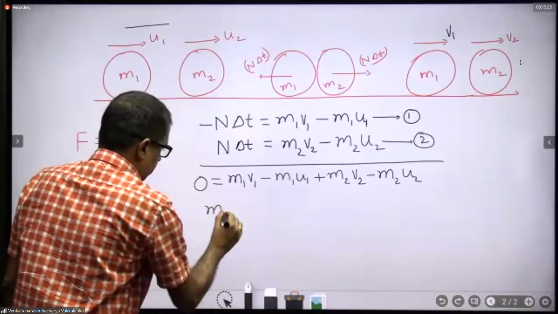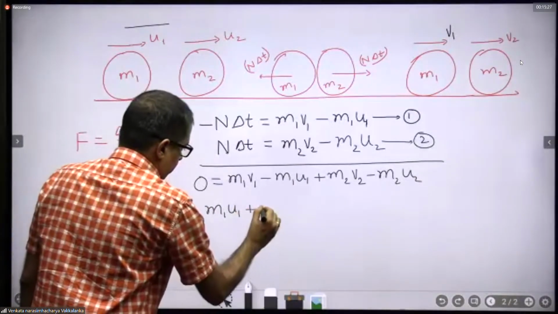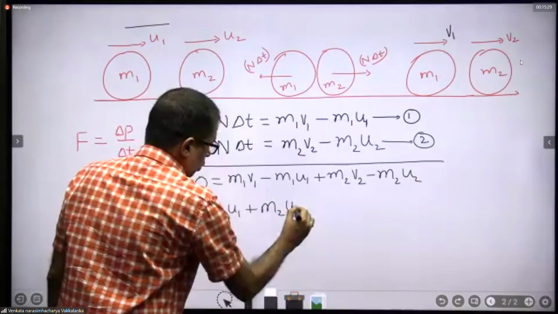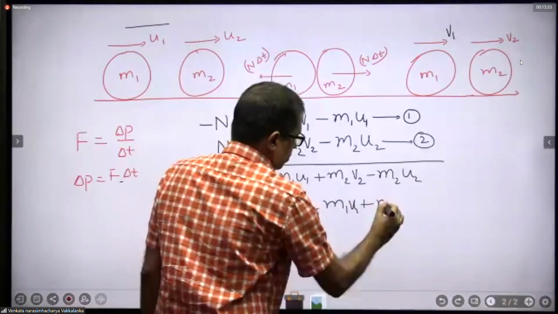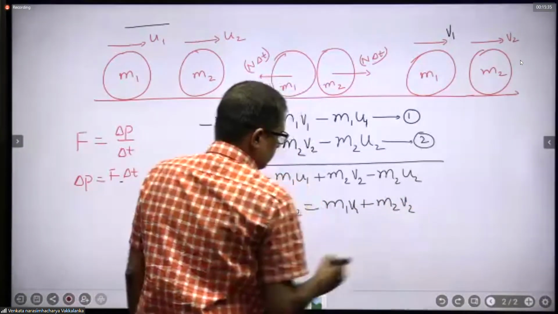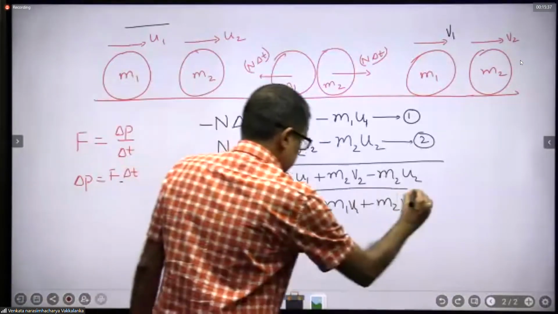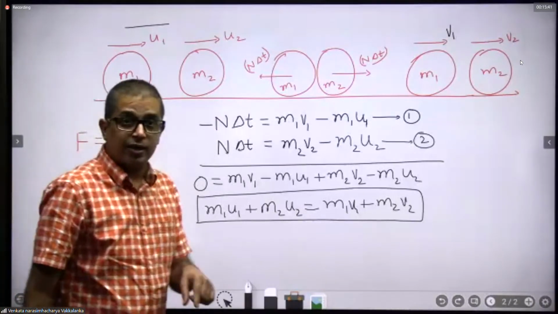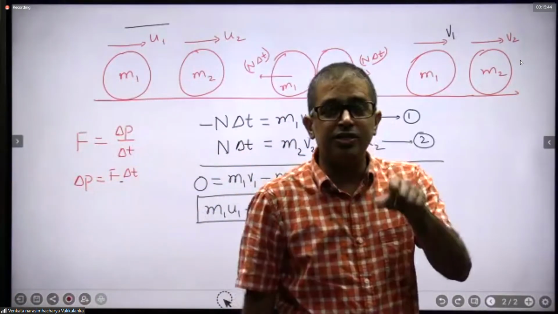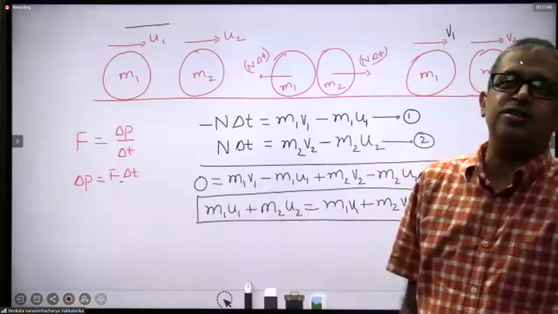Now M1 U1 plus M2 U2 is equal to M1 V1 plus M2 V2. This is what we mean by conservation of linear momentum, but it is at your discretion to understand what you take as a system.